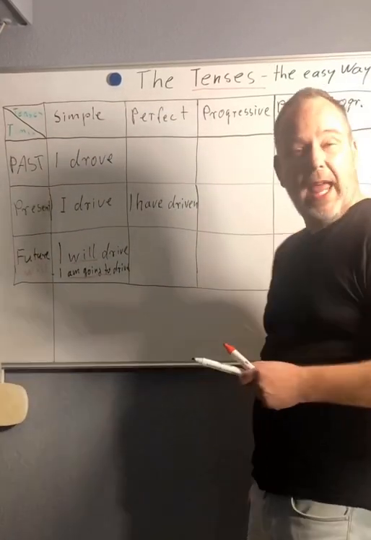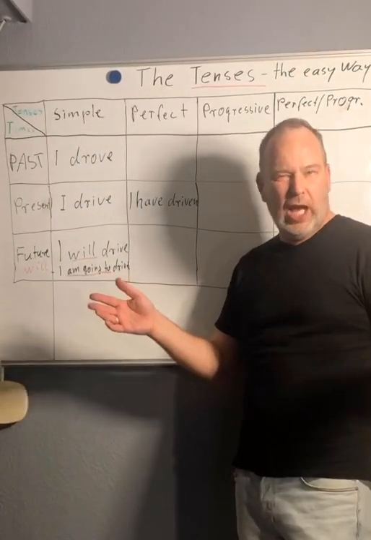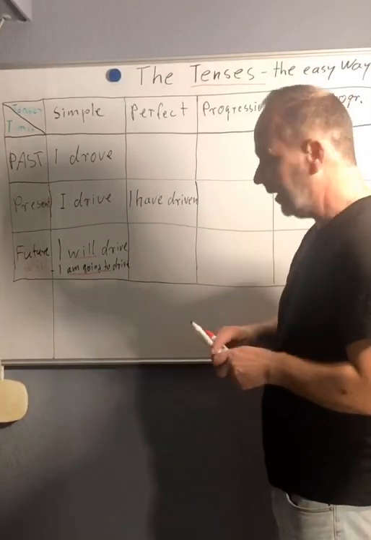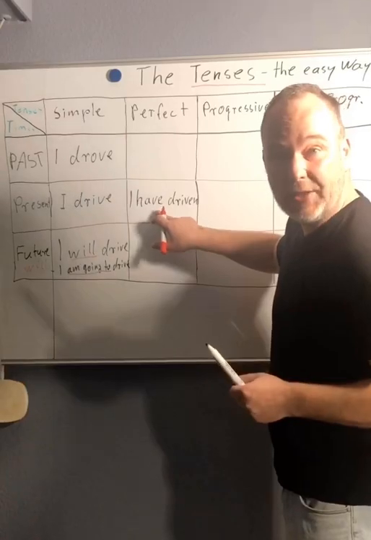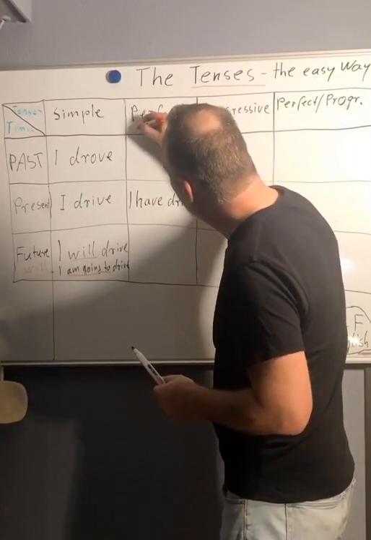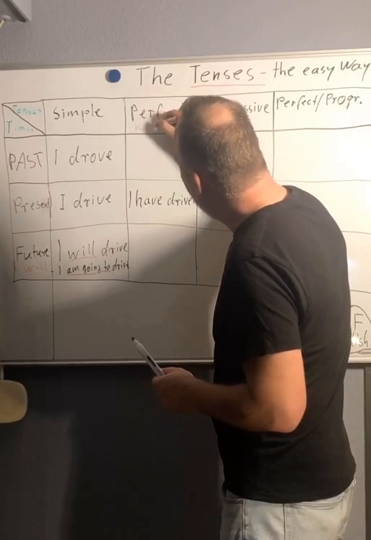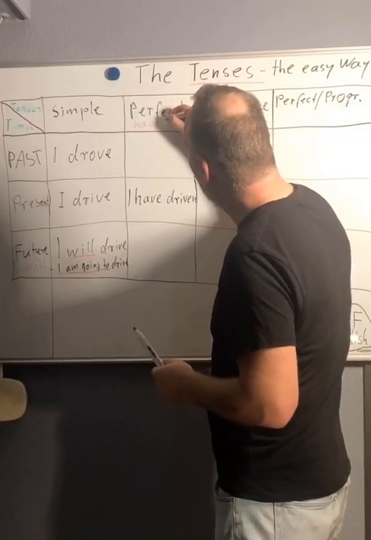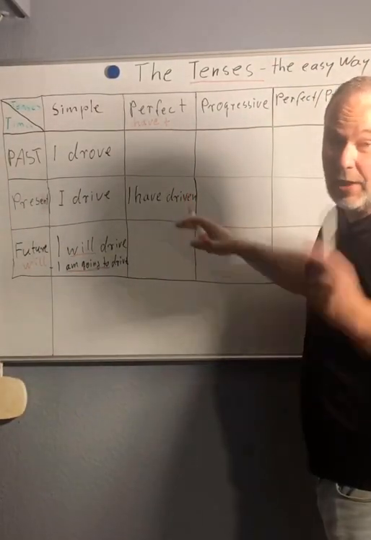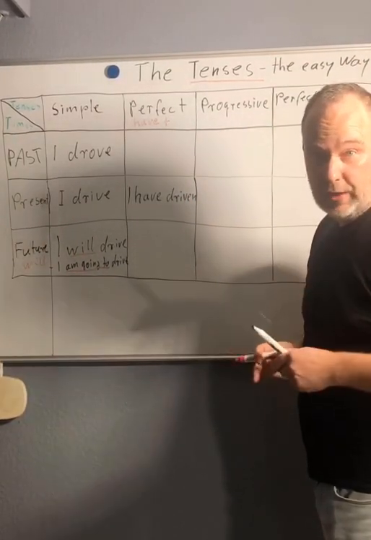That's why my legs don't hurt, because usually I walk. Okay, I have driven. So here you can see we have to add the word have. That is a rule for the perfect. Have. And one more thing. Yes, you guessed it. The third form of the verb.